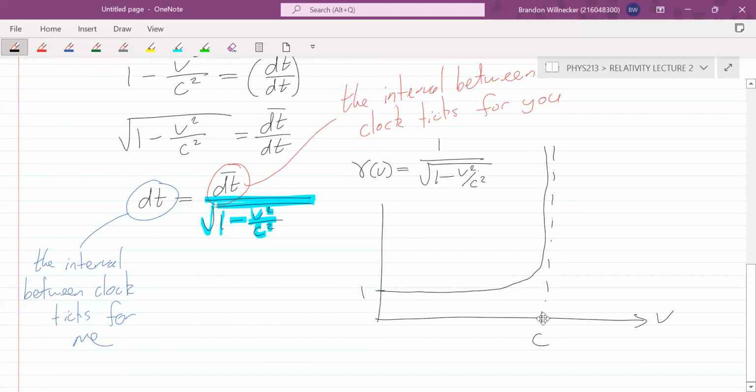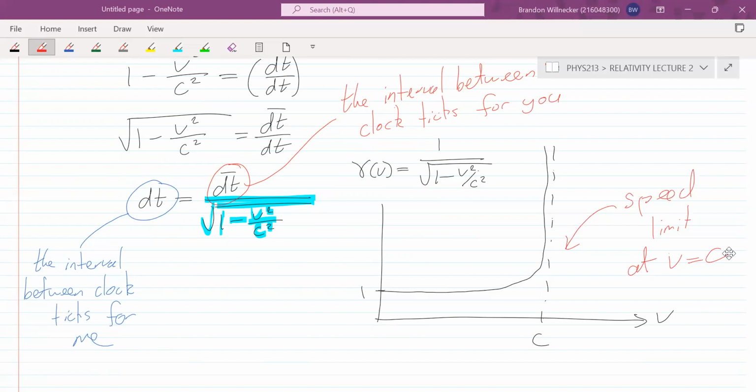So we've got the speed limit at v equals c. We can't go past that speed limit. You may have heard this as the speed of light is the maximum speed for the universe. We're going to be looking at that in more detail later on. But for now, in this gamma factor, we just need to know that gamma goes off to infinity as we get closer to the speed of light. The exact reason for this we will look at later on.